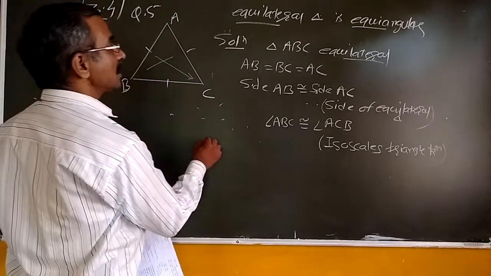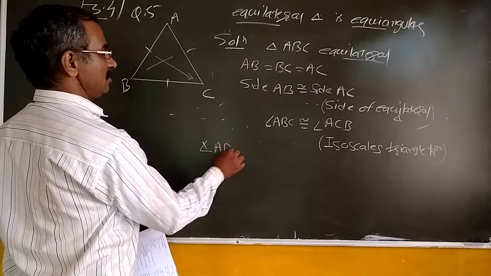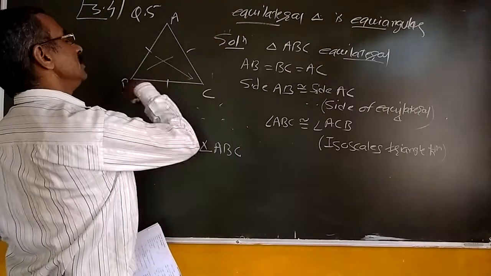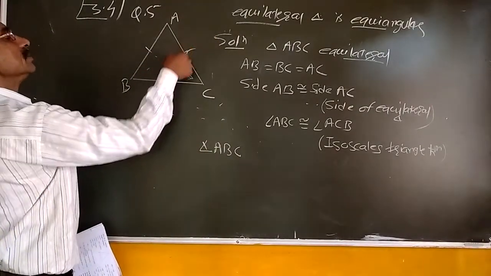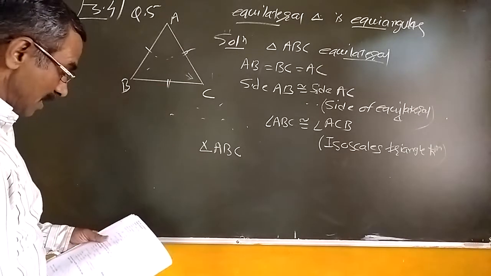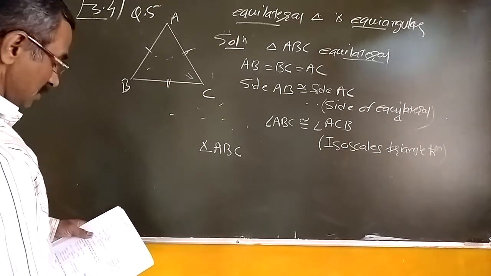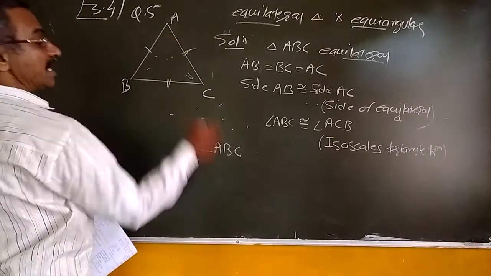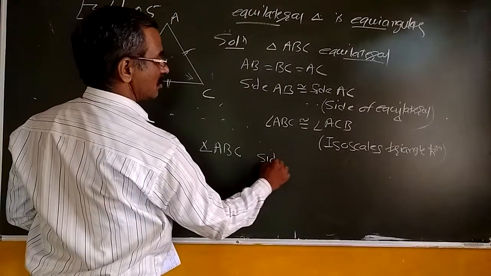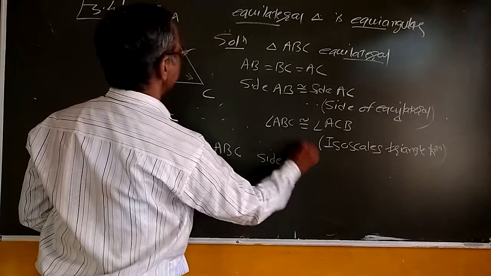Then again in triangle ABC, we are taking these two sides. Side AC is congruent with this side.